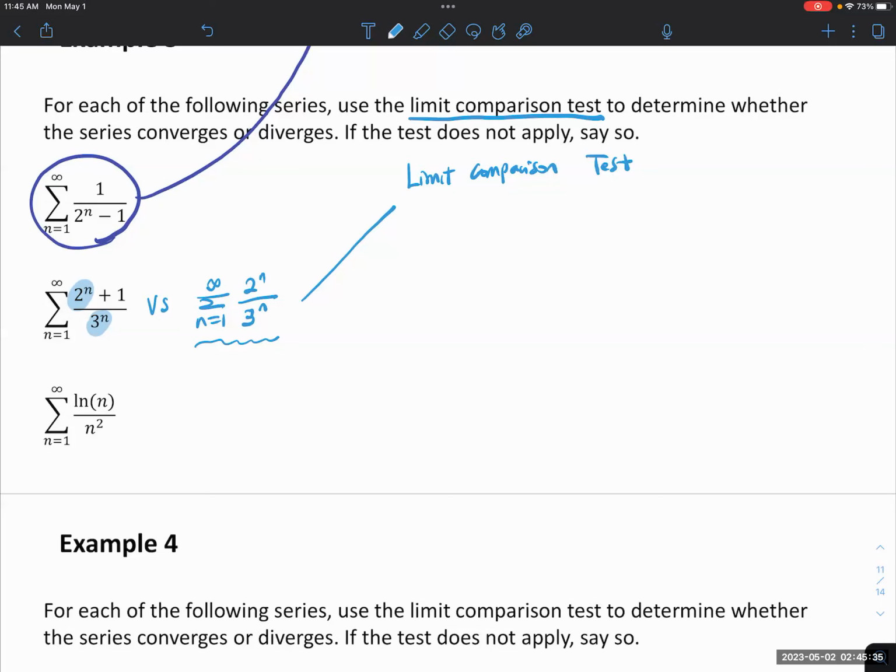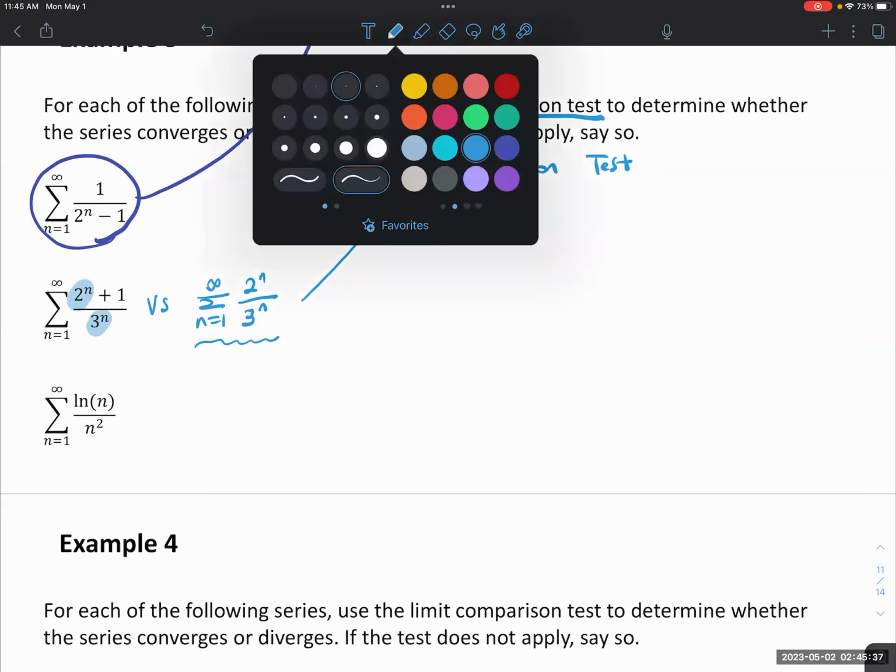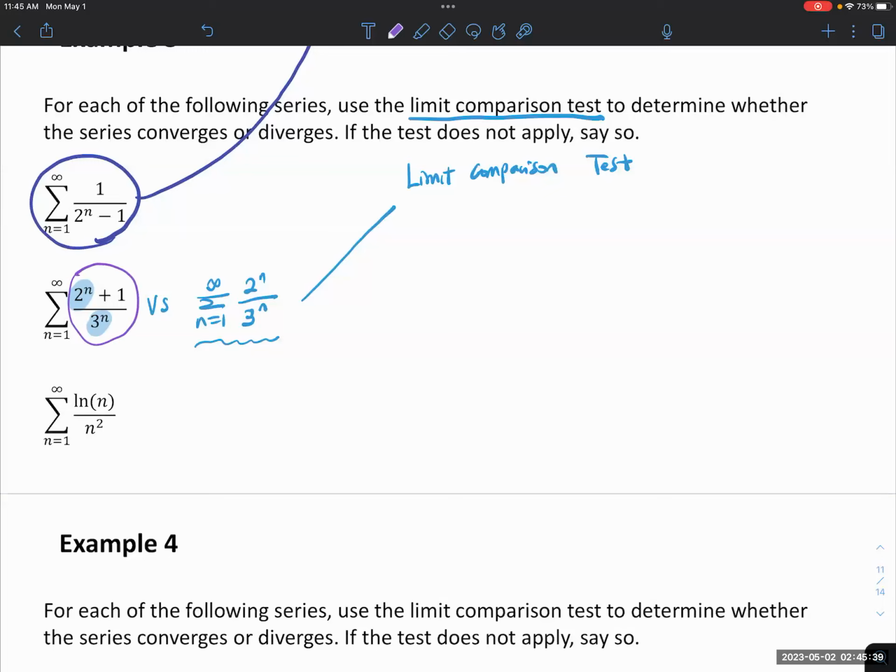So we say this part is going to be an, and this is going to be bn, correct? The limit comparison test says an over bn. So I'm plugging in an: 2 to the n plus 1 over 3 to the n, entire thing divided by 2 to the n over 3 to the n.